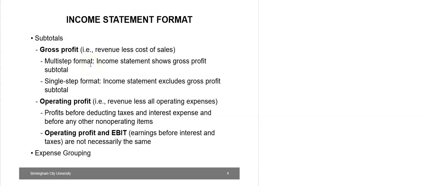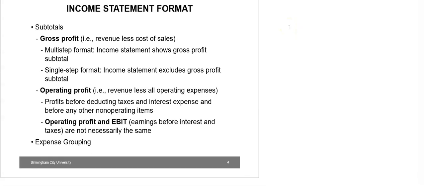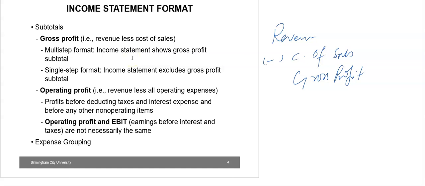In addition to presenting the net income, income statement also presents the subtotals and other items that are significant for the users of financial statements in developing their understanding of the income and expenses of the company. One such subtotal is the gross profit, which is revenues minus the cost of sales. When an income statement shows the gross profit subtotal, it is called the multi-step format of income statement.